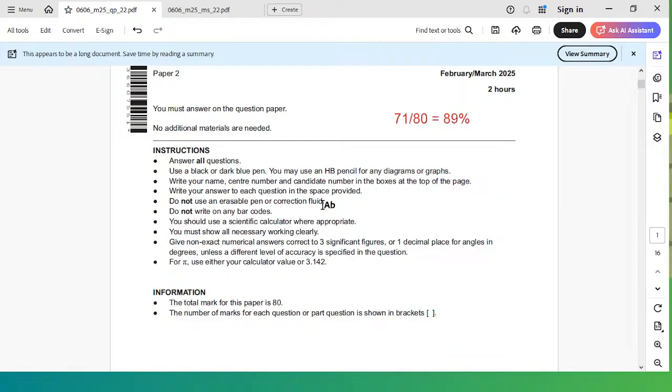Alright, thoughts on the paper, right? Definitely did not go my way. I'll say that when we were looking at this paper, it wasn't as easy as I expected.